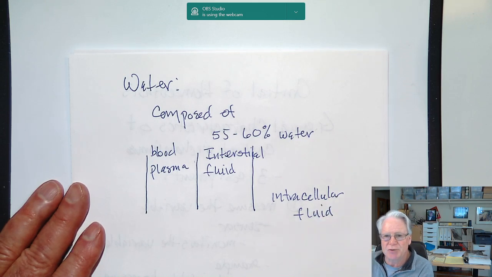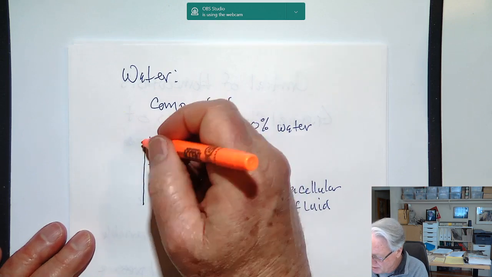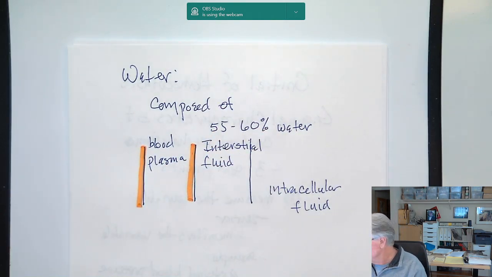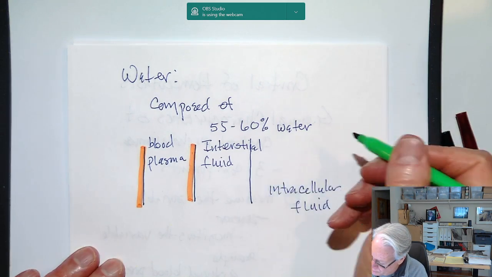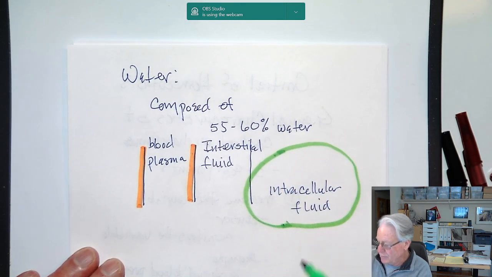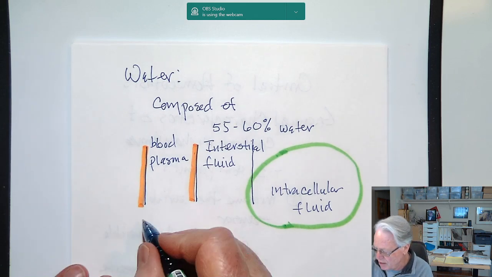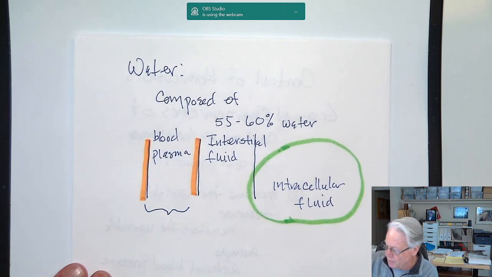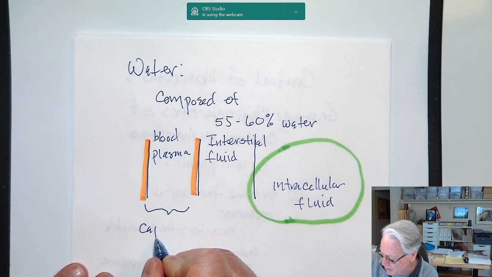I deliberately drew this in this fashion because blood plasma is confined within the circulatory system. So we have here the blood vessels, and in this case, a special type of blood vessel, which is the capillary.